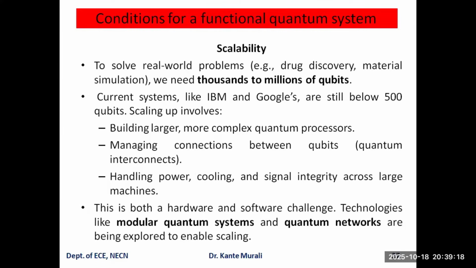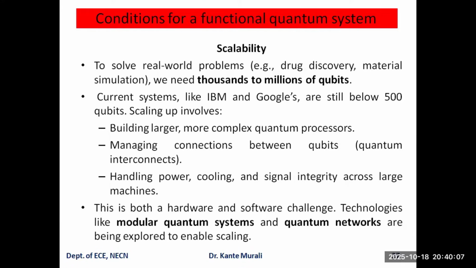Let us come to scalability. The number of qubits required to implement real-world applications keeps growing. Right now, most quantum computers have fewer than 500 qubits. But to solve real-world problems like drug discovery or climate modeling, we need thousands, even millions of qubits. That means scaling up is necessary. What does scaling up involve?